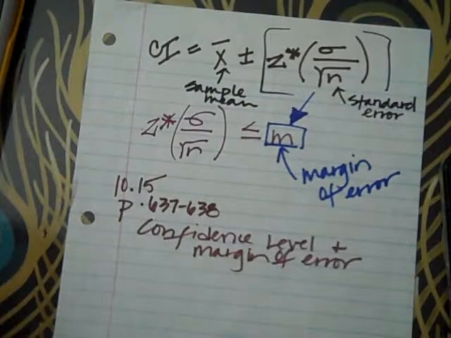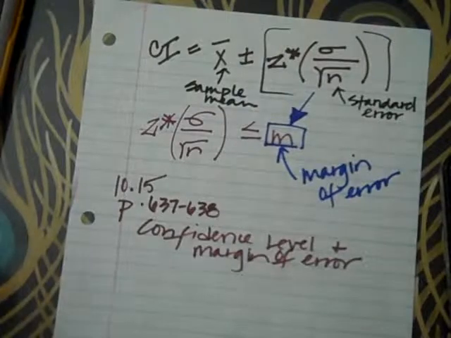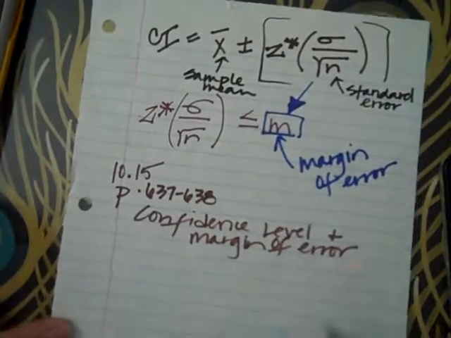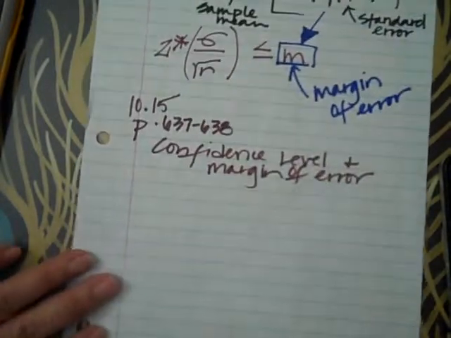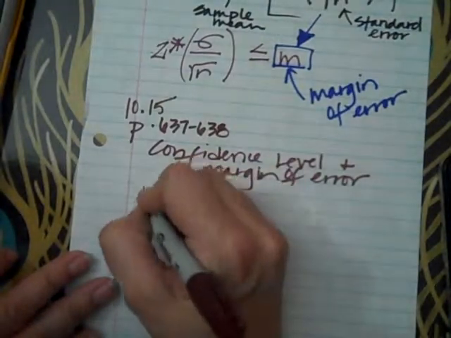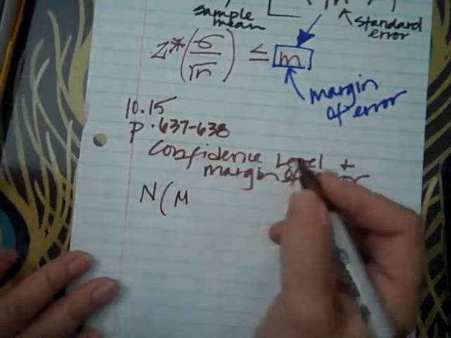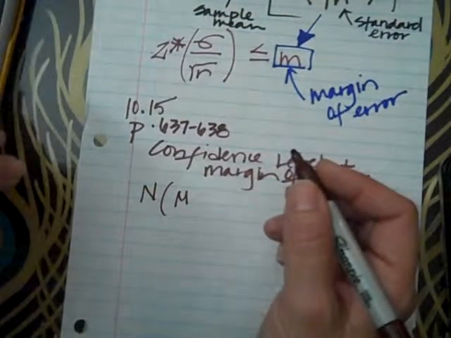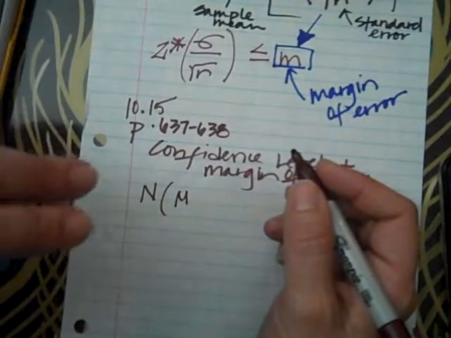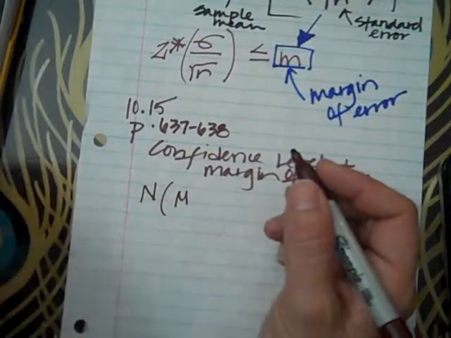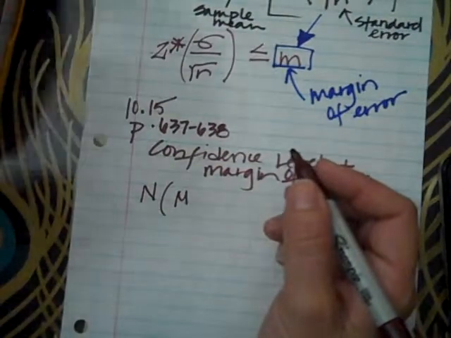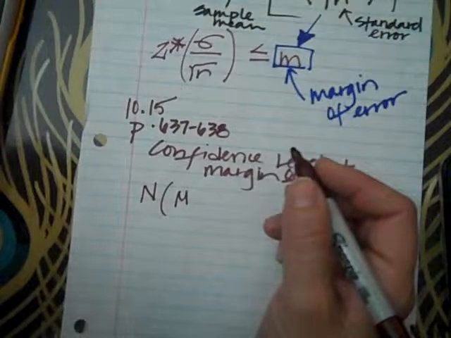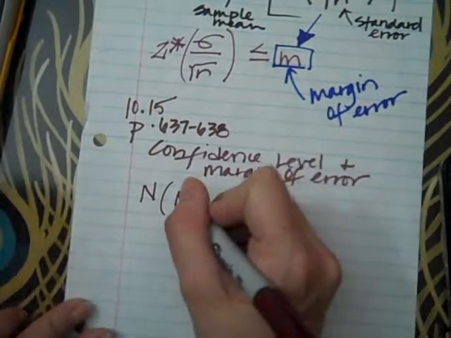I have my calculator with me. Confidence level and margin of error, it's called. We're told that we are dealing with a population that follows a normal distribution with a particular mu that we want to estimate, and the average of interest is the SAT math score of high school students on their second attempt at an SAT.